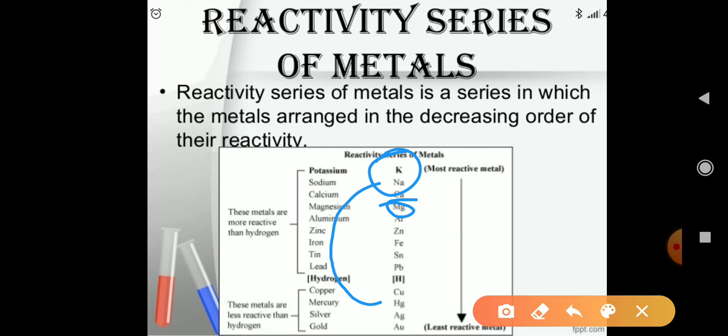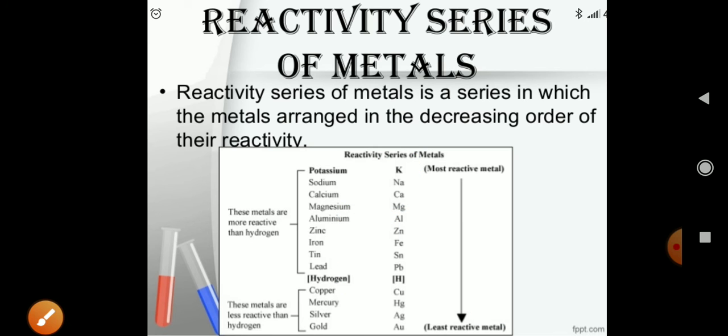For example, magnesium can displace aluminium because aluminium is less reactive than magnesium, but magnesium cannot displace calcium, because calcium is more reactive than magnesium. So this is the concept of displacement reaction: a more reactive metal displaces a less reactive metal.